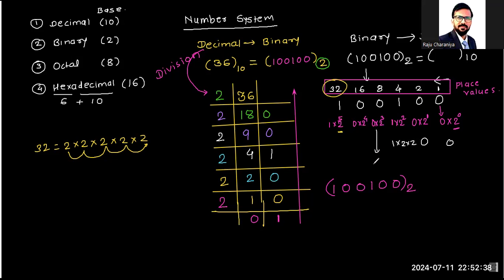Here again 0, and here also 0. But here we'll get 1 times 2, 5 times. So the answer for this is 32.